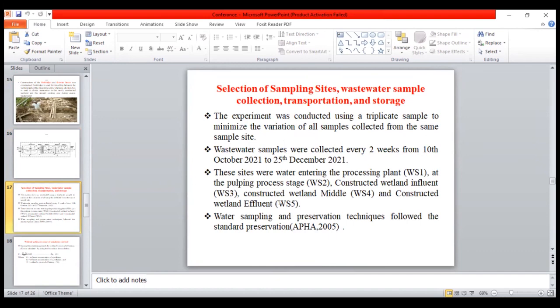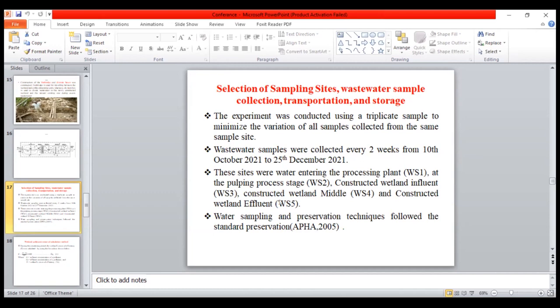Selection of sample sites, wastewater collection, transportation and storage were based on the technique described in APHA. The wastewater samples were collected every 2 weeks from 10th October 2021 up to 25 December 2022.